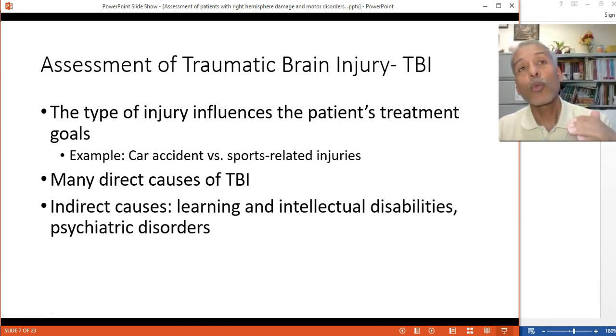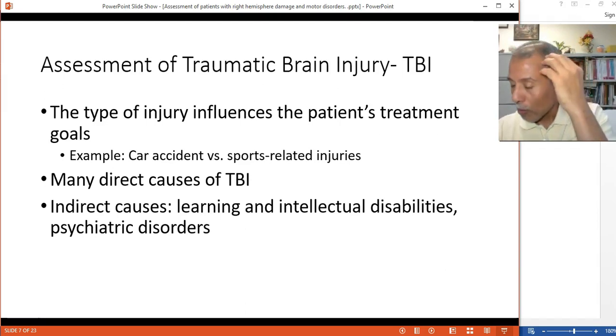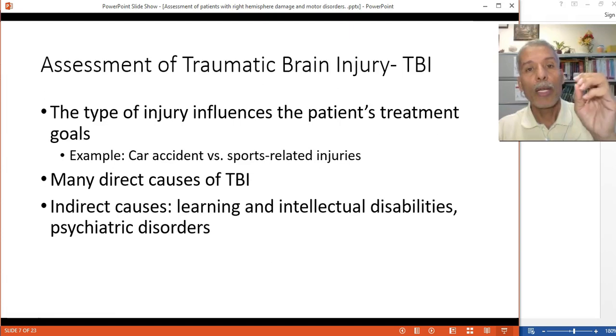Then the indirect cause: since the temporal cortex has to do with memory, comprehension of speech, identification of speech, and so on, if the anatomy is altered or damaged, then the functions of that area, like learning and being able to comprehend information, are going to be affected.